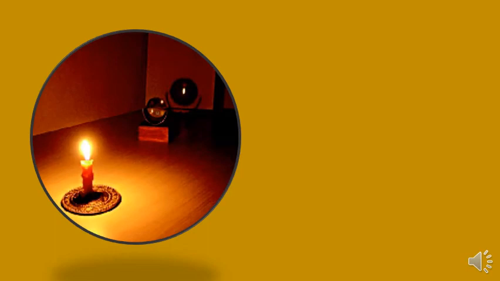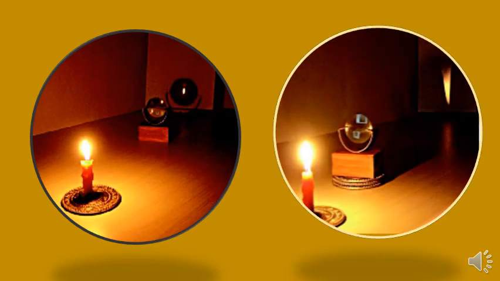Now try to obtain the image of the candle on the paper screen placed on the other side of the lens. Okay, you may have to move the screen to and fro accordingly. Then change the distance, take the lens a little closer to the candle and see how the image is formed.